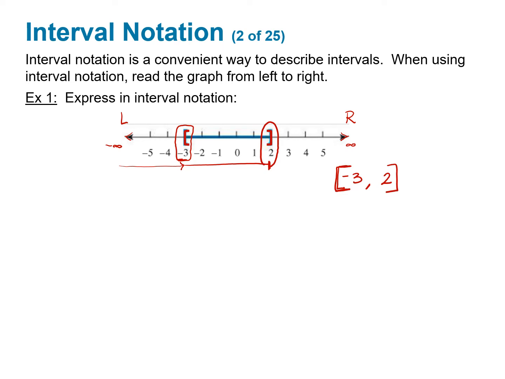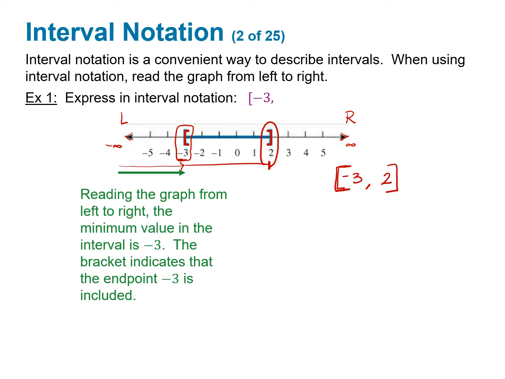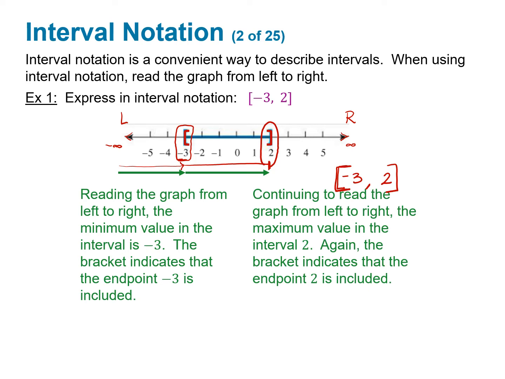So the textbook way of describing this is reading the graph from left to right. The minimum value, the lower bound, the smallest number in our set is -3. The bracket indicates that we include -3 in our set. Continue to read all the way to the right. The maximum value of the interval is 2. Again, it's a bracket, so we include 2 in our set.